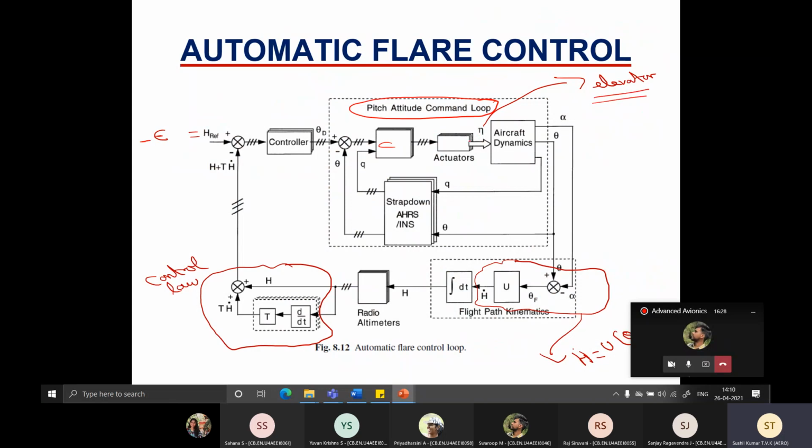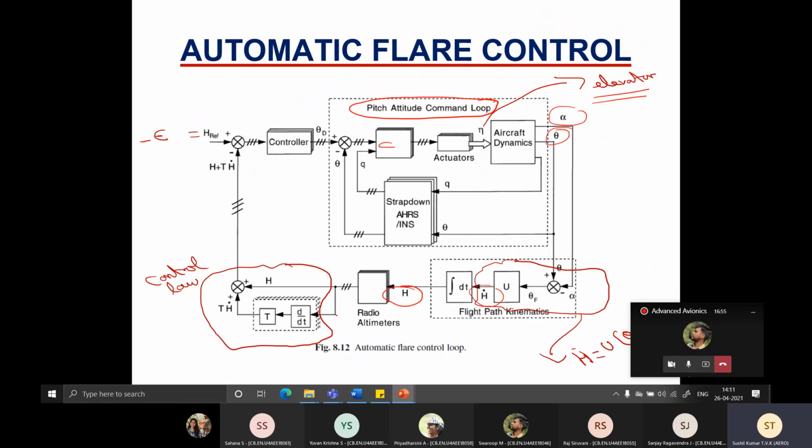The moment you deflect the elevators, the flight dynamics part takes over, and the net result is that these variables alpha and theta will keep changing. And already we have seen in the previous height control autopilot that h dot is equal to u times the difference of these two. Integrated over a period of time, you'll get h.